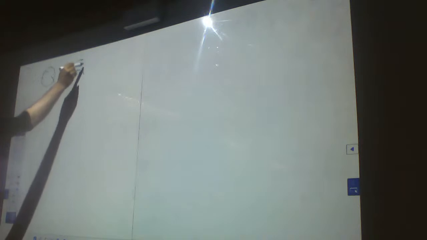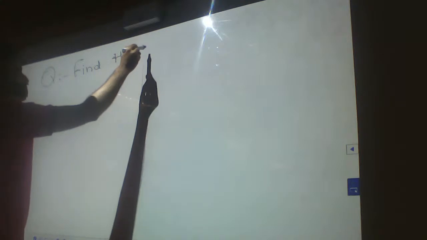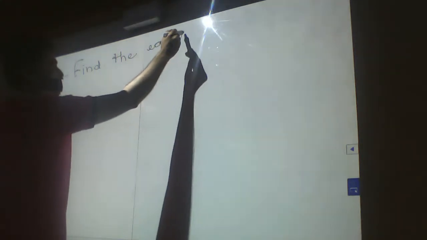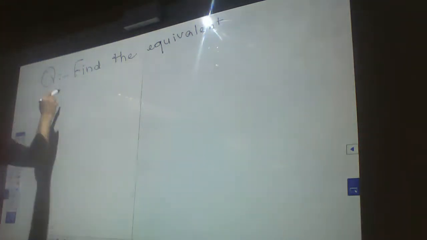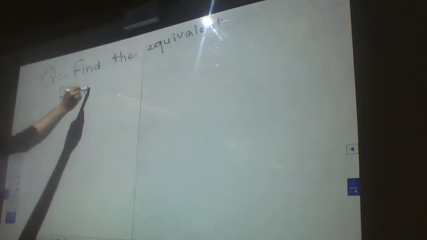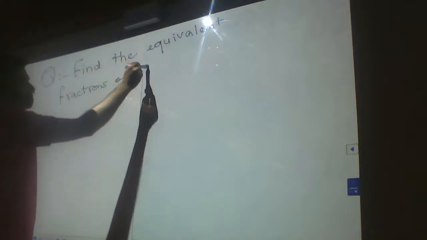Please write in your notebook. Find the equivalent fractions of the following.